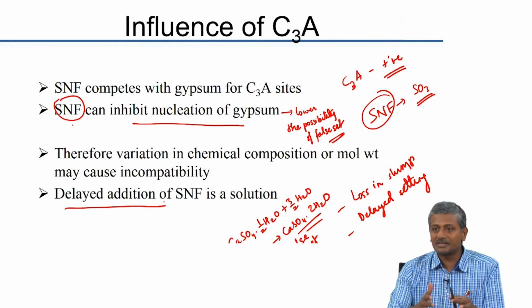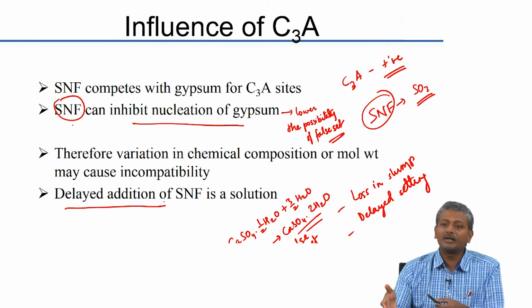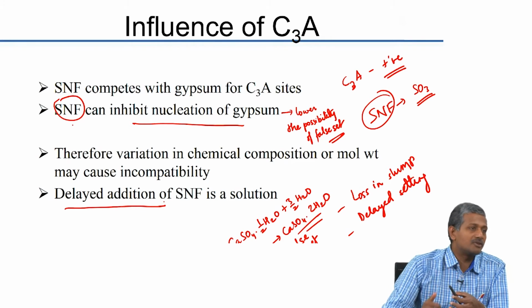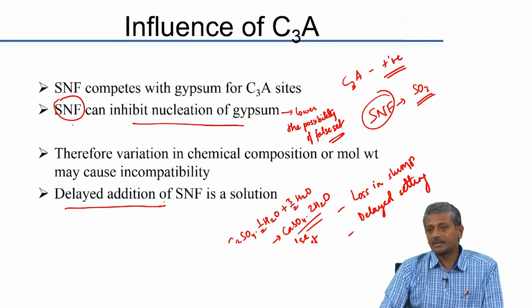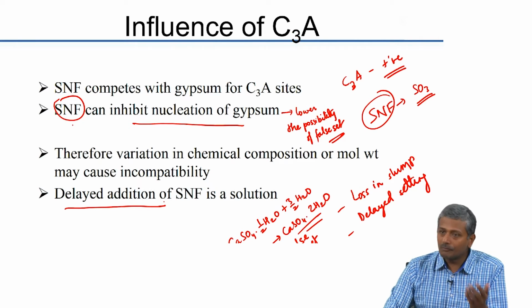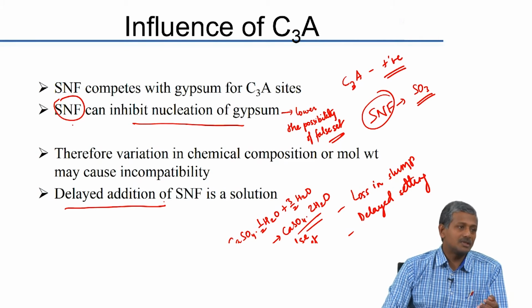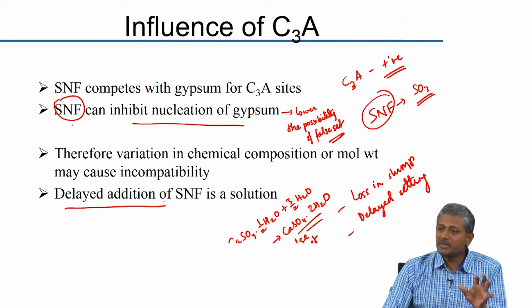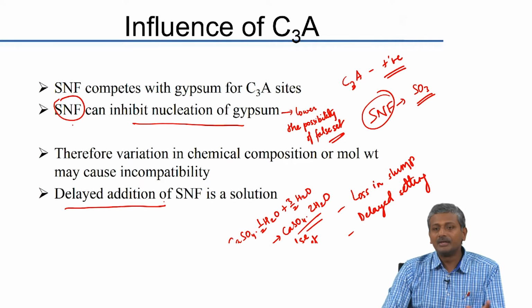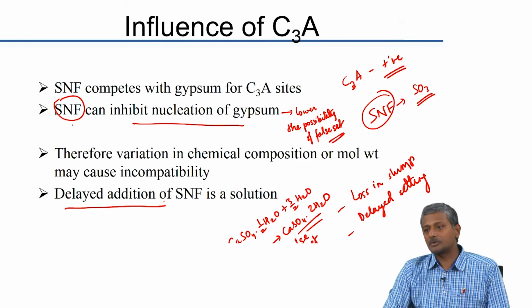So, this way my C3A is first already combined to some extent with the sulfate, and my SNF is not going to compete with the sulfate anymore for C3A sites. So, delayed addition is a very effective strategy to work with as far as SNF is concerned. With PCE, delayed addition may or may not do anything, because PCE does not have this issue of preferential adsorption on the C3A.